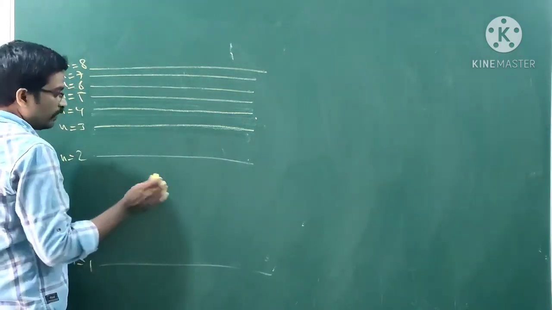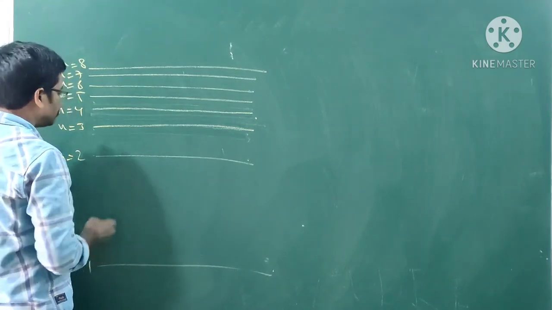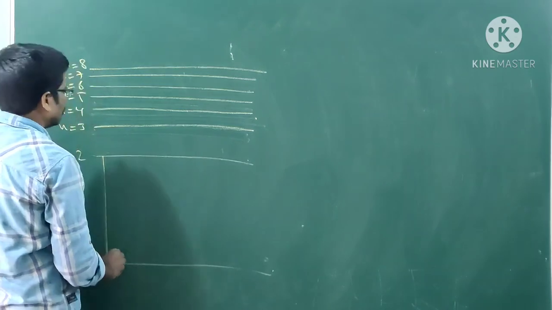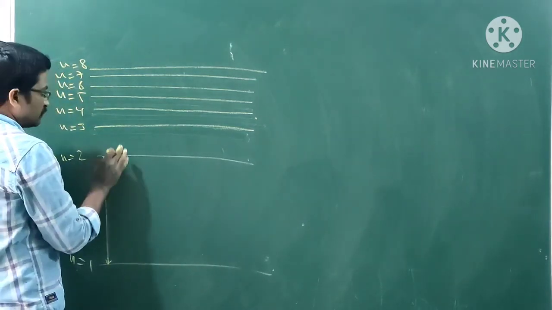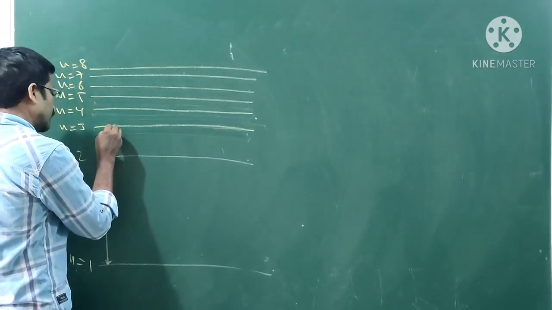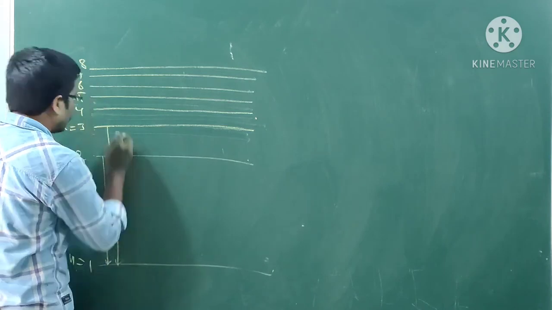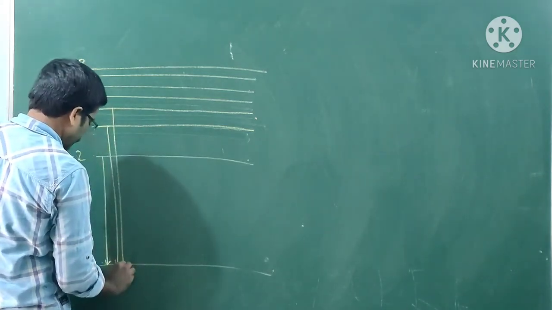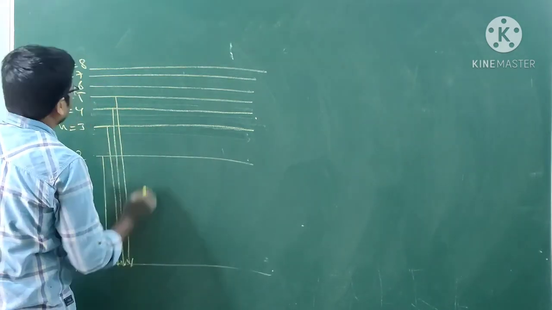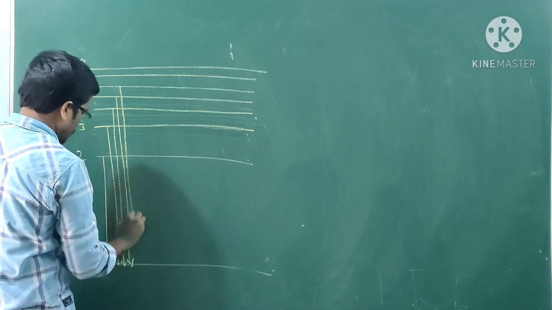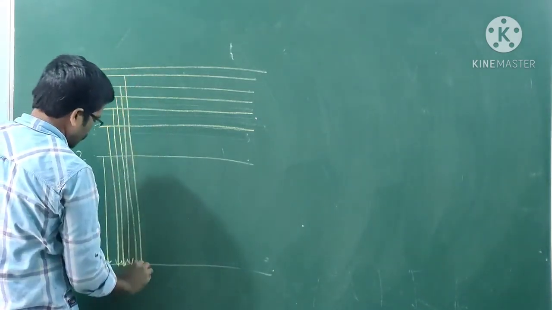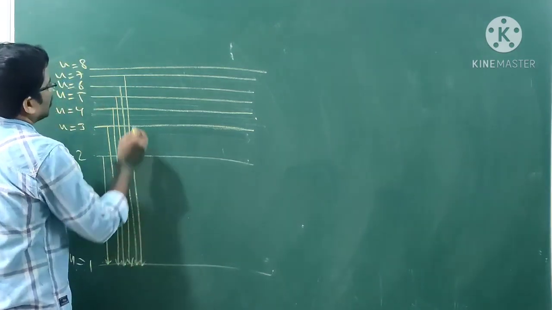Whenever an electron comes from the second level to the first level, from the third level to the first level, fourth level to first level, fifth level to first level, sixth level to first level, seventh level to first level, and so on.